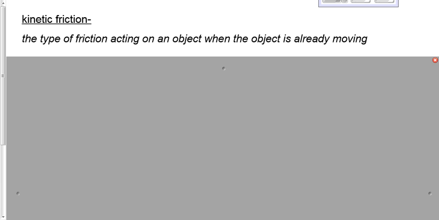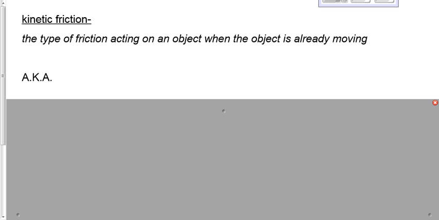Now, another term that we use to describe kinetic friction is dynamic friction. You'll see it written as both. I'm going to put another one. This isn't really a name for kinetic friction, but it's a name that I sometimes use because I think it helps to describe nicely what's happening. I'll put a little star by that, though, so you know that it's not actually an official name.